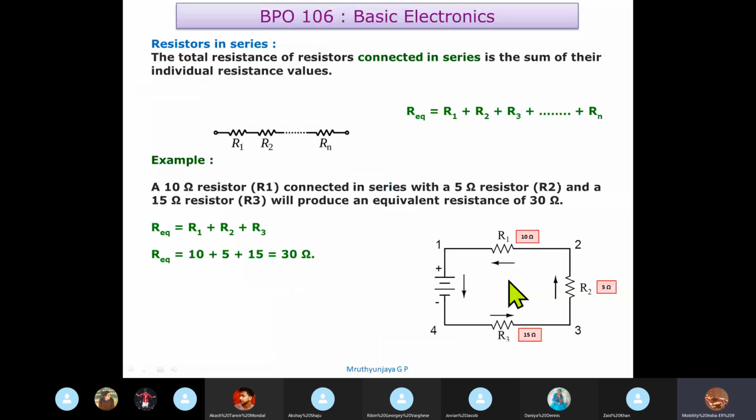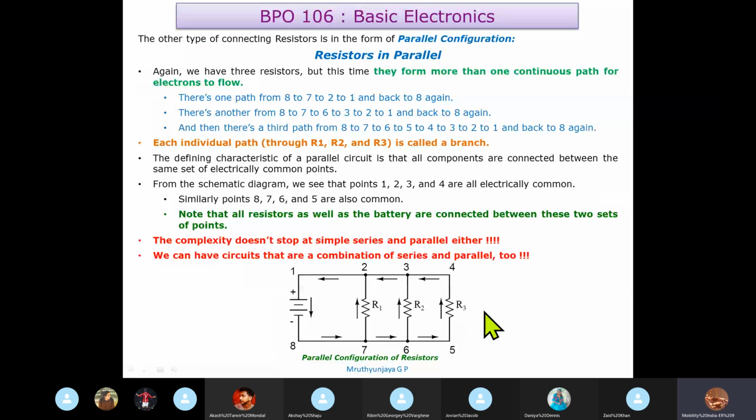For example, if R1 is 30 ohms, R2 is 30 and R3 is 30, the resultant will be 30 divided by 3, so it is 10 ohms. 60 divided by 3, 20 ohms will be the equivalent resistance.